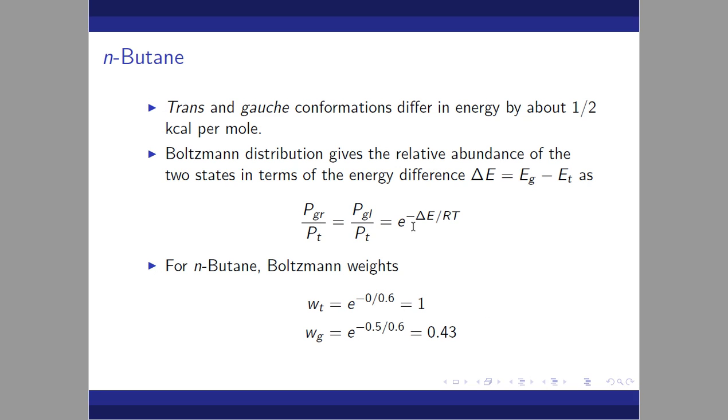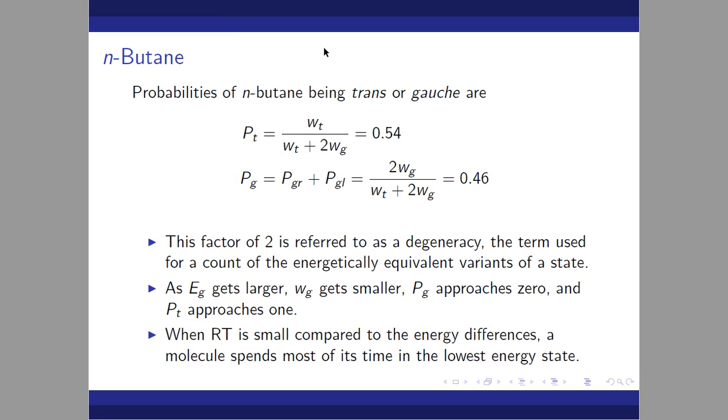So we can put it here. You can see here the probability of N-butane being trans or gauche, so we can estimate how many are in trans and how many in gauche. Here we see that 0.54 is trans and 0.46 is gauche.